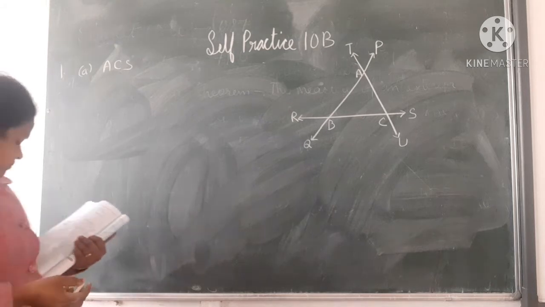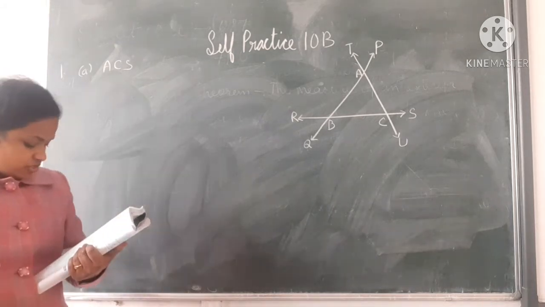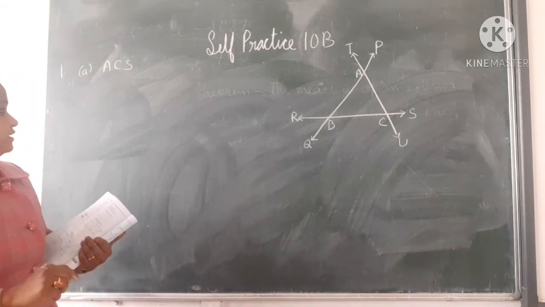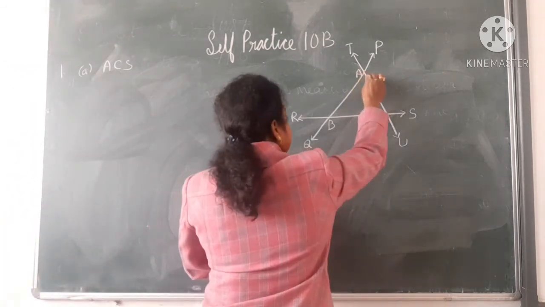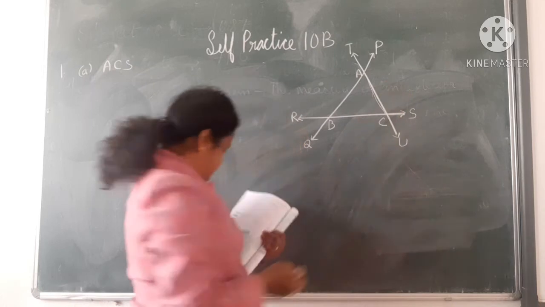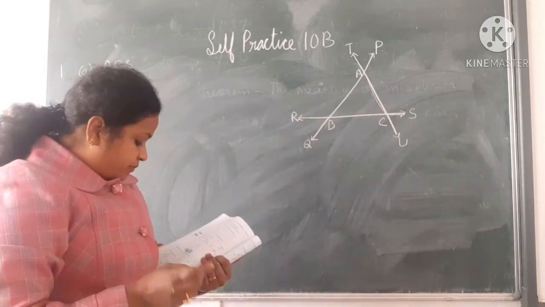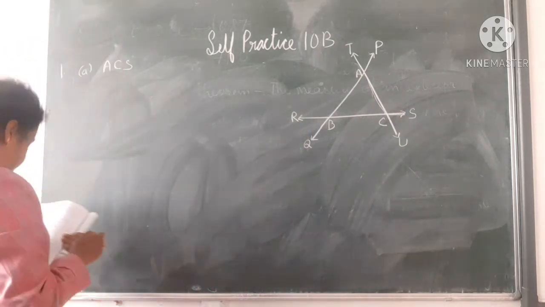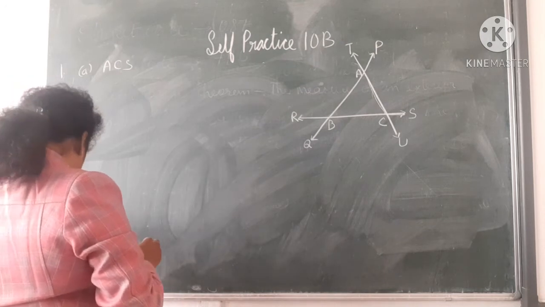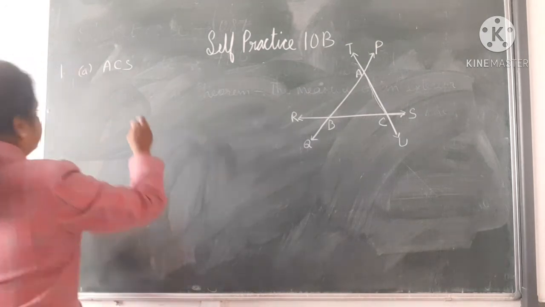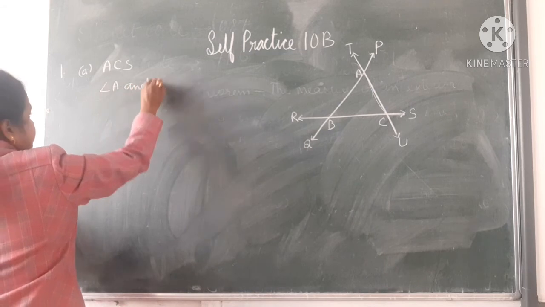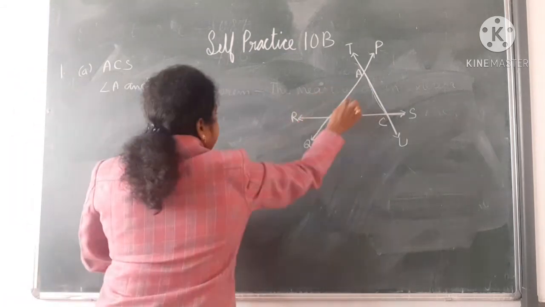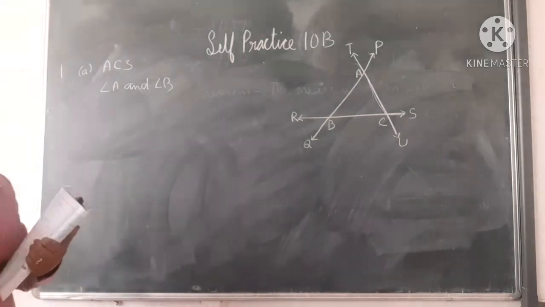Name the interior opposite angles associated with the exterior angle. So what is your ACS? This triangle ACS. What are its opposite interior angles? Angle A and angle B. Both angles are opposite to angle ACS.